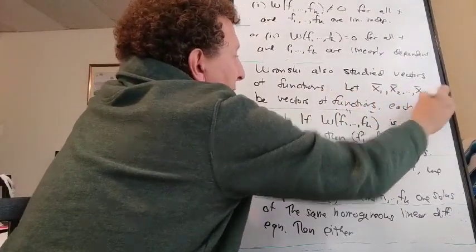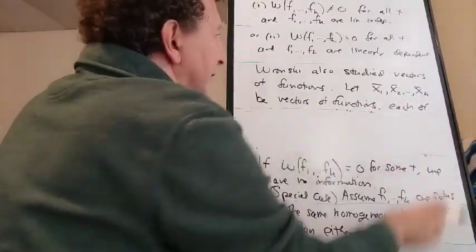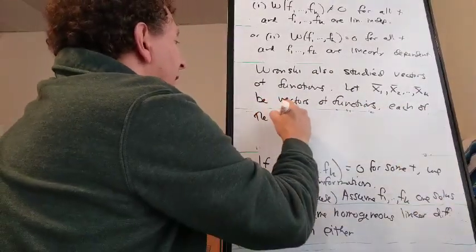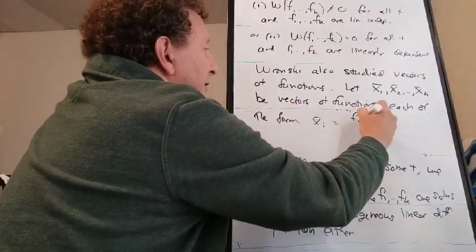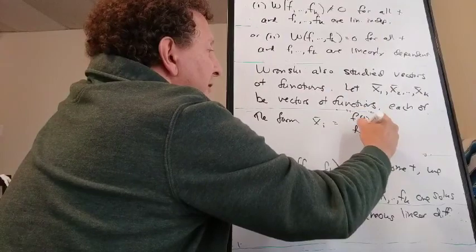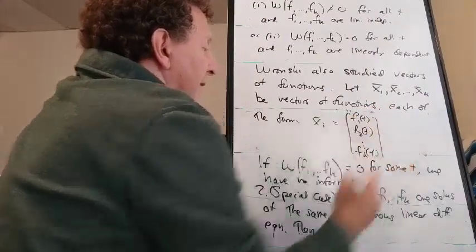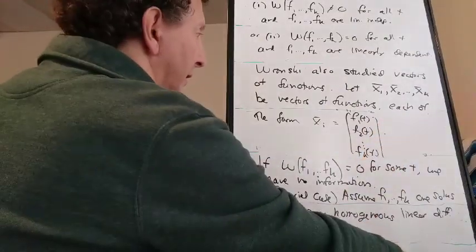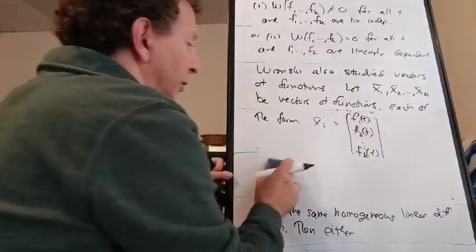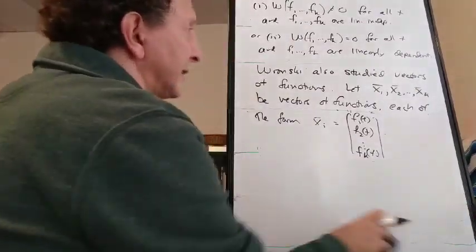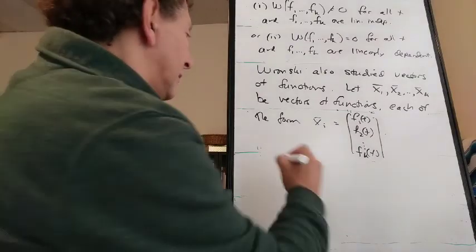And each one is a vector of functions, so each of the form xi equals some function of t, some other function of t, etc. So the question is, when are these k vectors of functions linearly independent as vectors of functions?